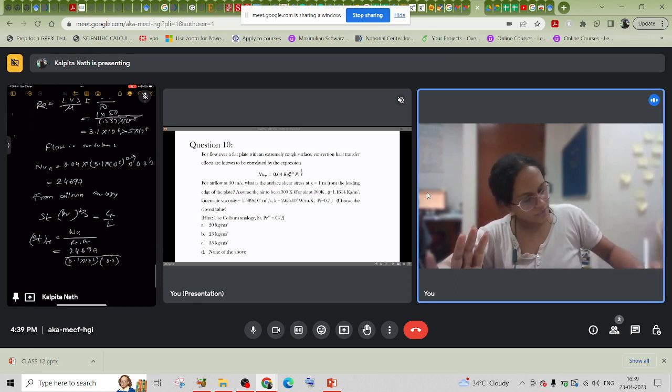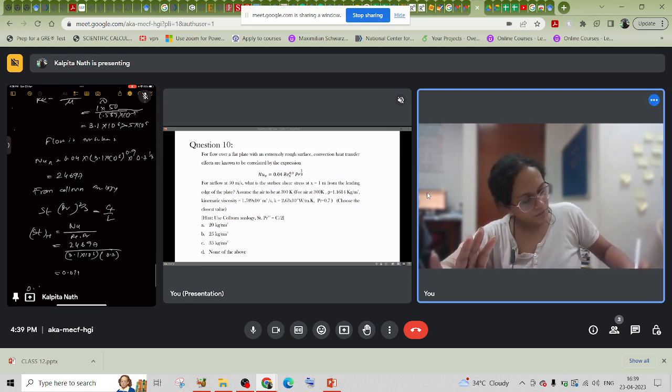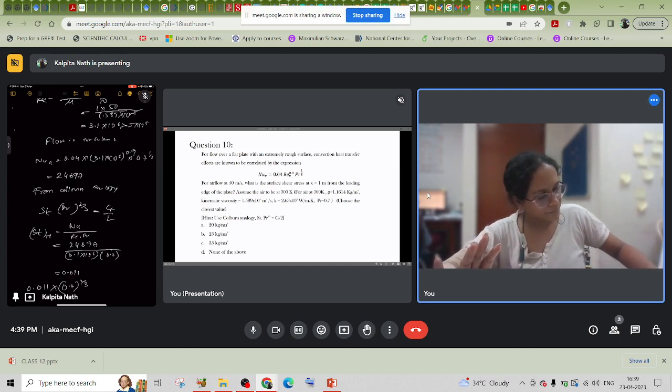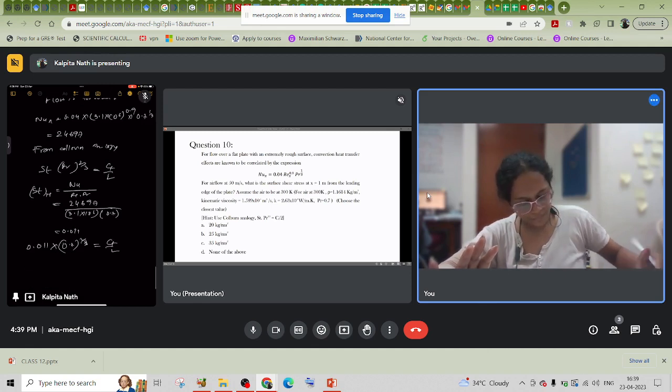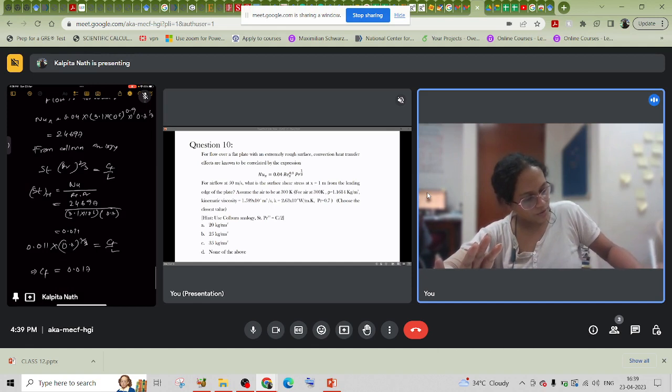So this gives 0.011. Now 0.011 into 0.7 to the power 2/3 is equal to Cf by 2, or Cf, the skin friction coefficient, is equal to 0.017.